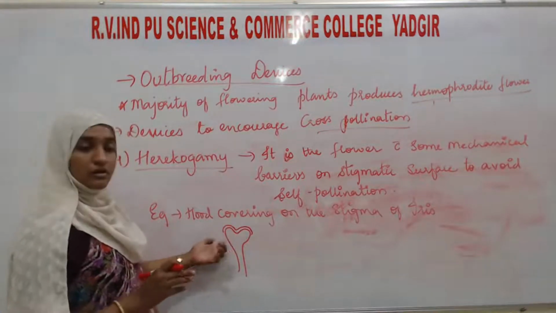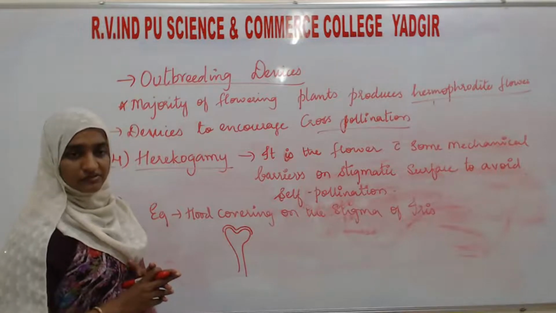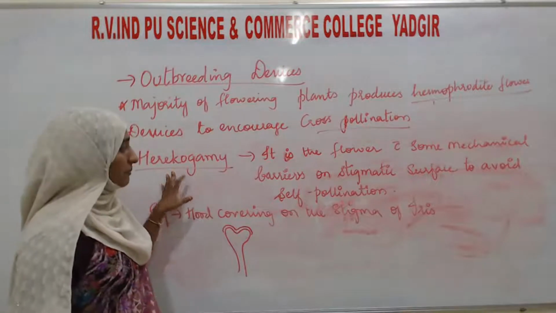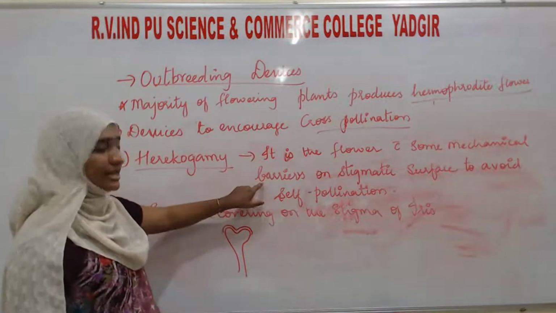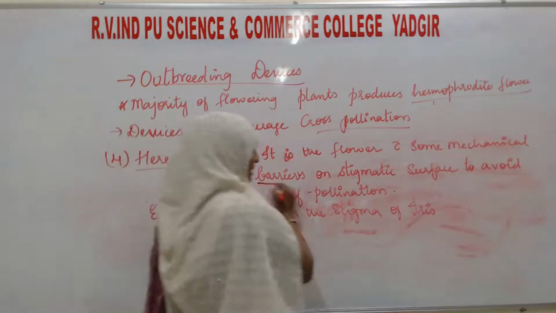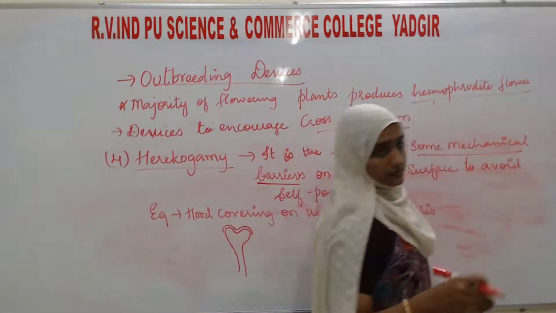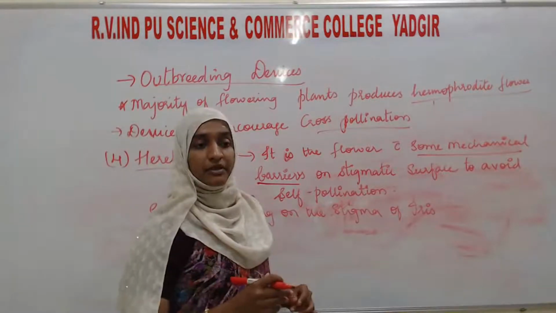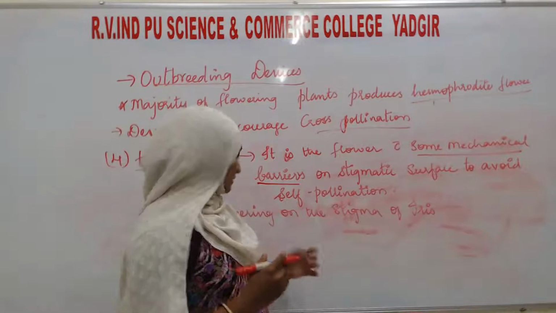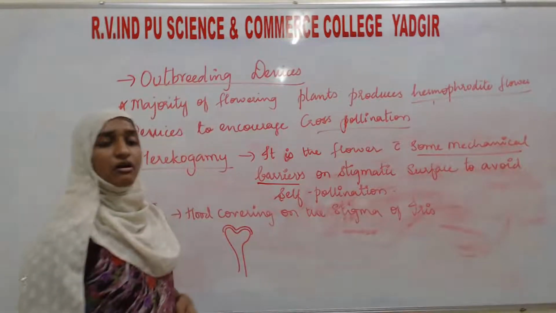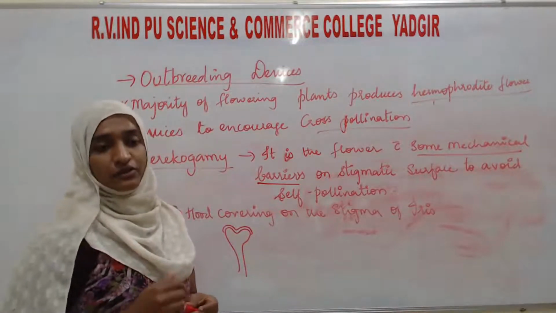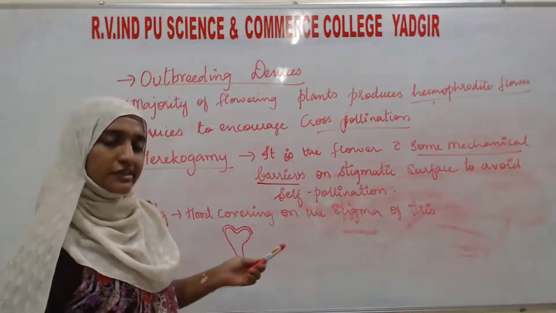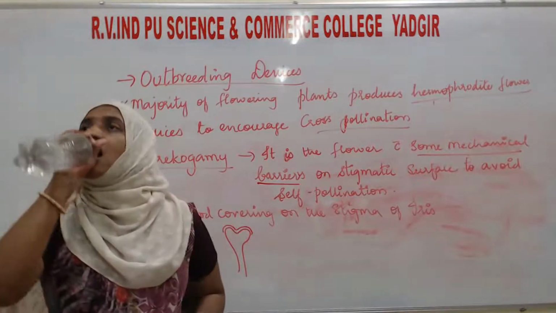In that case also, cross-pollination is going to take place. So that device we can call helicogamet, where in some flowers some mechanical barriers exist. What is that mechanical barrier? Some covering occurs, due to which it fails to accept the pollen grains. These flowers are not going to self-pollinate, but they are going to cross-pollinate. If a pollen grain of some other plant comes, it will accept. Okay.